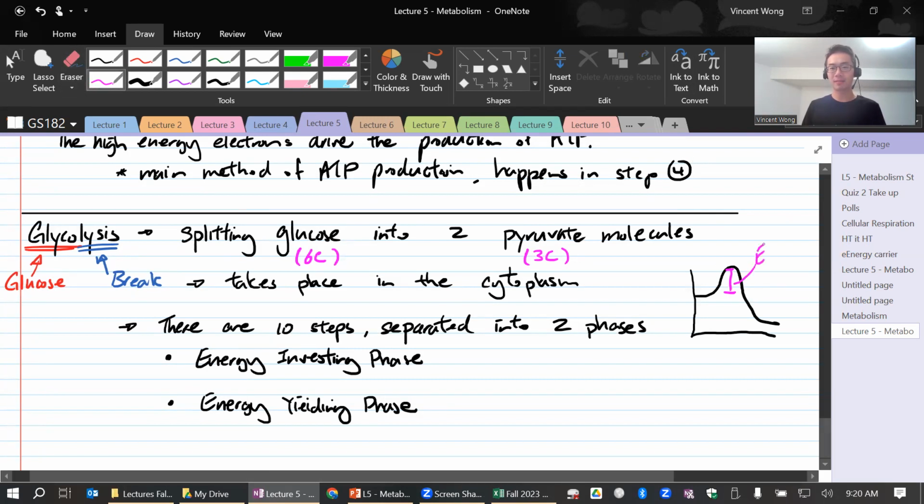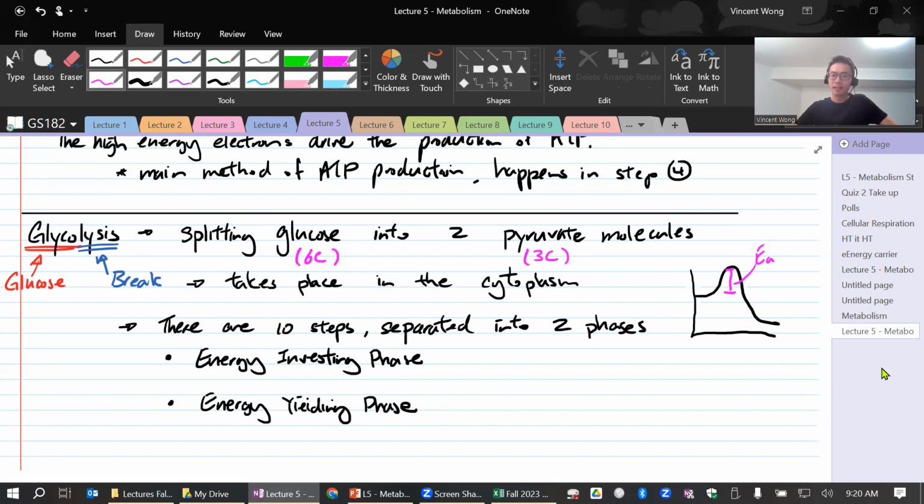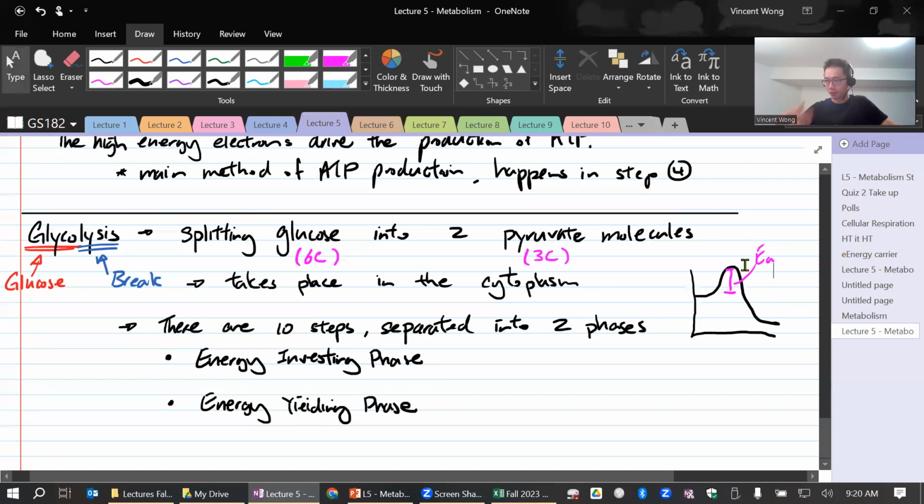This is the activation energy. What does it mean? The energy required for reaction to occur. Exactly. I hope that rings a bell for the rest of the class.